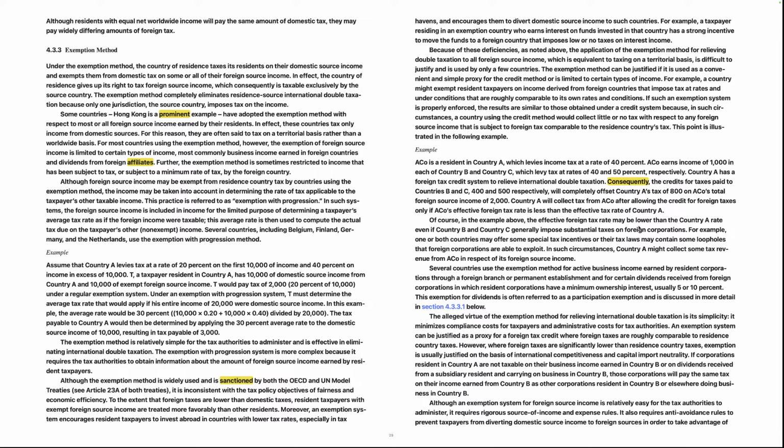The effective foreign tax rate may be lower even though the country generally imposes substantial taxes on foreign corporations. For example, one or both countries may offer some special tax incentives, or their tax laws may contain some loopholes that foreign corporations are able to exploit.